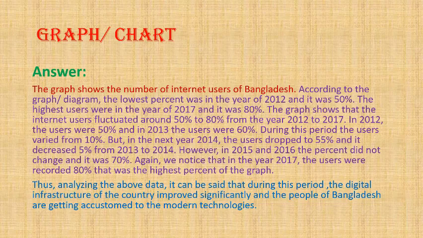However, in 2015 and 2016, the percent did not change and it was 70%. Again, we noticed that in the year 2017, the users were recorded 80%. That was the highest percent of the graph.